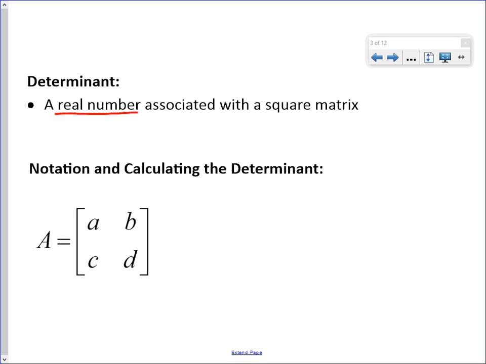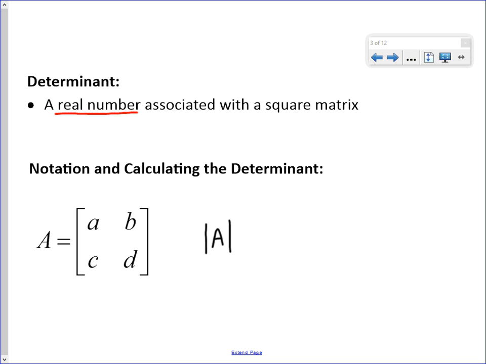One of them looks sort of like absolute value. Instead of matrix bars or brackets, it's just vertical lines around A. So when you see that in matrices, you know that that's asking you to find a determinant.